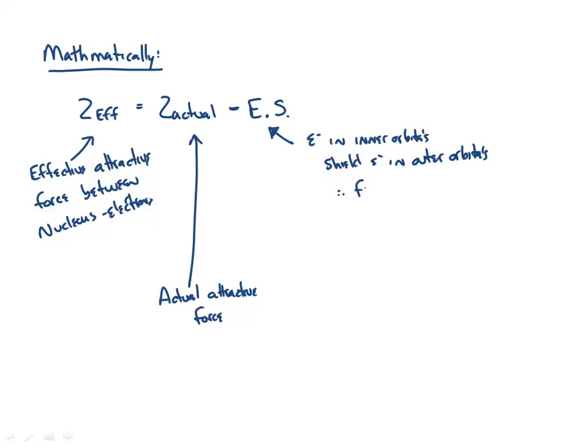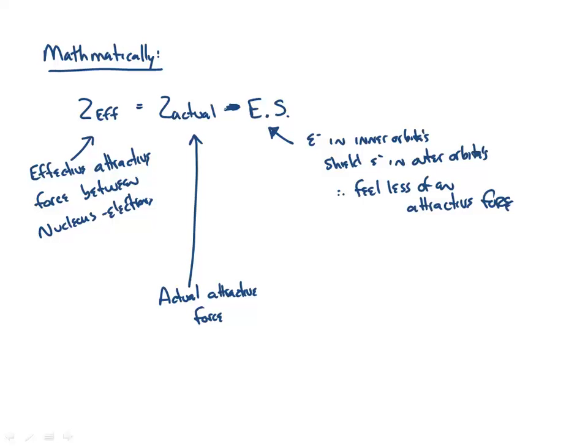Therefore, they feel less of an attractive force. That also explains why there is a negative sign in the equation: they feel a smaller attractive force, so they're not as attracted to the nucleus.